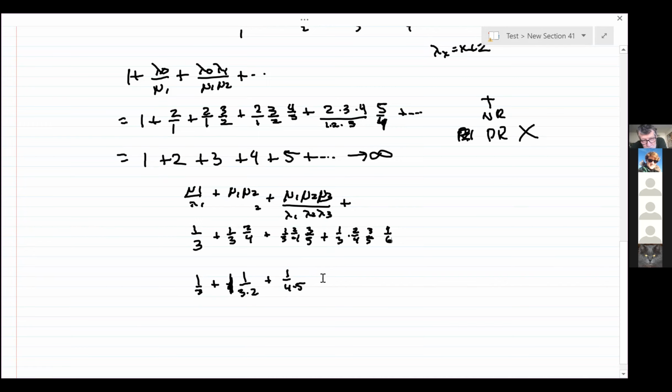Let me double check. It was 1/3, 2/4, 3/5. So yeah, the threes would cancel, and so you would have 1 over 2 times 5. Is that what you're saying? Yes. I agree with you. I think I wanted it to be this. Okay. So it's this.